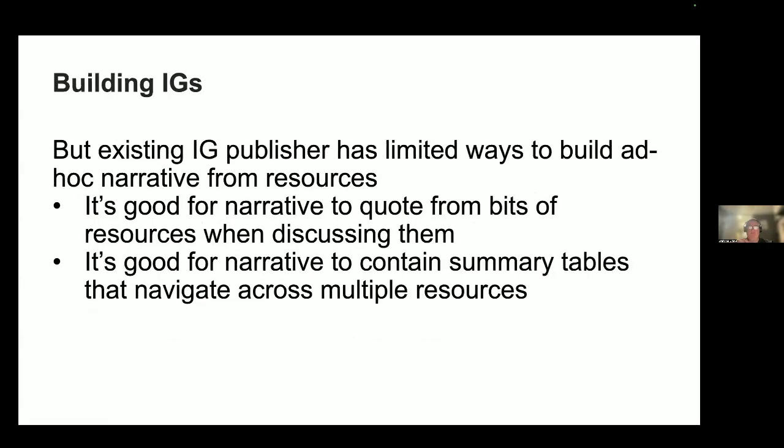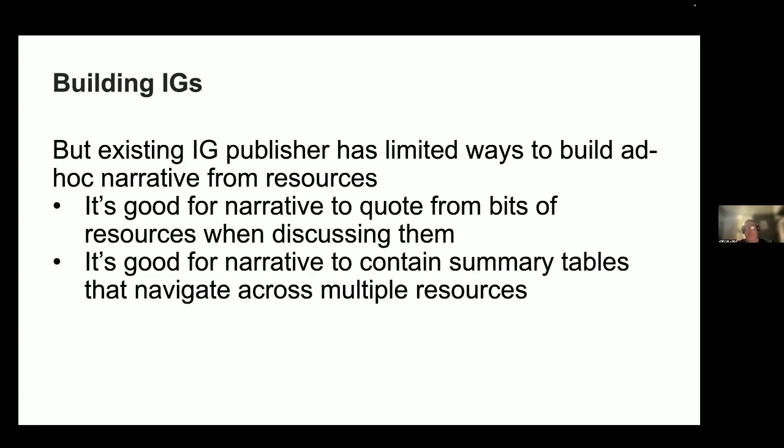Now, there's a challenge, and the challenge is that there are pretty limited ways to build ad hoc narrative from resources. So we generate all the representations of resources, and you can drop one of those into your human-readable narrative, but there's only a limited number of XHTML fragments that we generate, 40 or 50 types of narrative for each kind of resource.